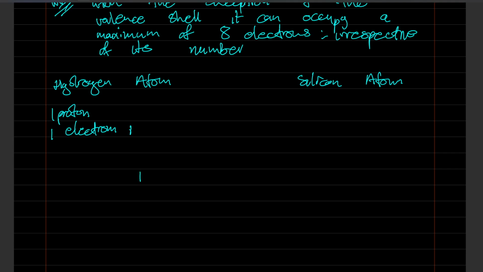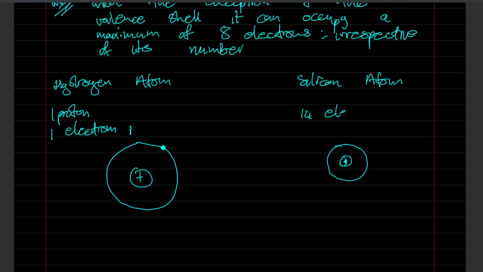So here's this nucleus, and here is this electron cloud, and there's 1 electron. Now for a silicon atom, we've got a different story. Let me draw my nucleus to be small so that all the rest can fit. Oh, before I draw the others, let me conclude this. A silicon atom contains 14 electrons.